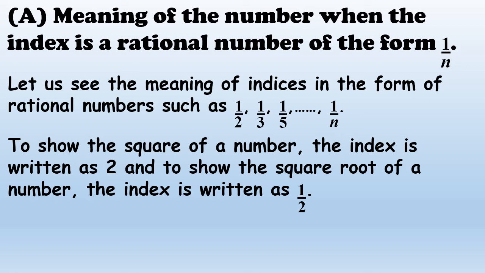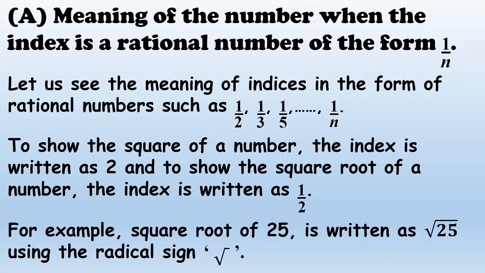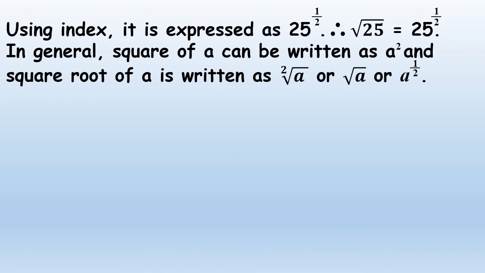For example, square root of 25 is written as root 25 using the radical sign. Using index, it is expressed as 25 raised to 1 upon 2. Therefore, root 25 is equal to 25 raised to 1 upon 2.